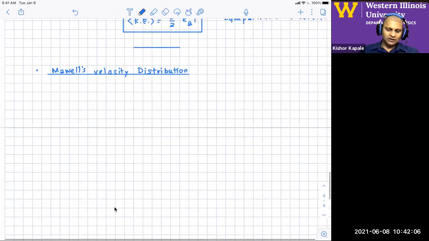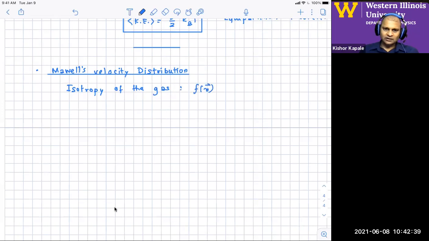So that's our topic. We have seen that the function has to be a function of v or v squared. And what we are going to do, instead of finding f of v, is find f of v squared eventually. So remember, the gas is isotropic. That means the gas is more or less uniform in all directions. That means f of the v vector is a function of the v magnitude or v squared.